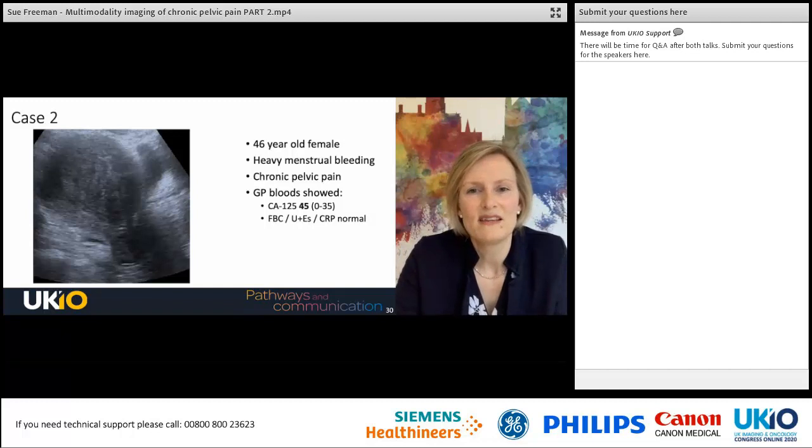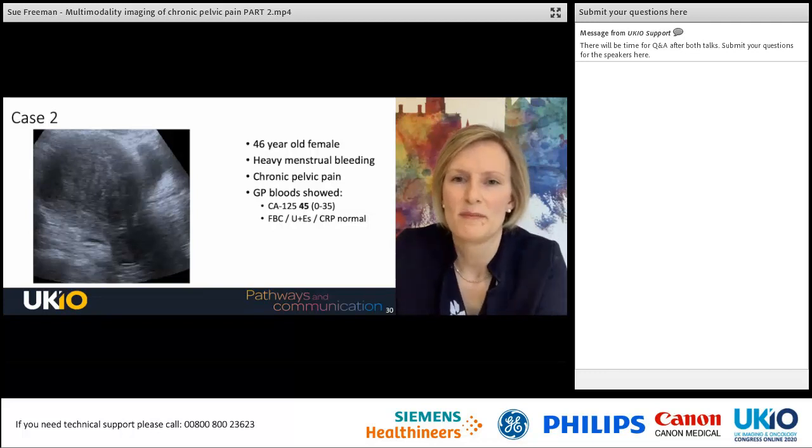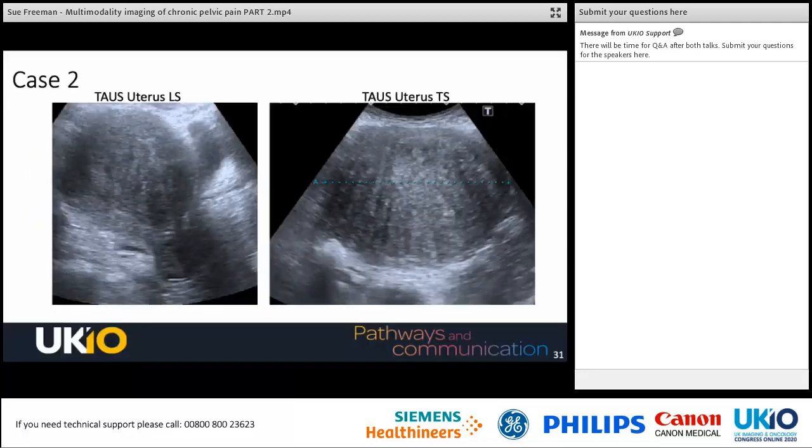And you can see that it does appear enlarged and it does have a globular football shape. The anterior myometrium, however, is focally thickened, indicated by these white arrows. It looks slightly heterogeneous, and we can see that the endometrium is displaced posteriorly, indicated by this red line.